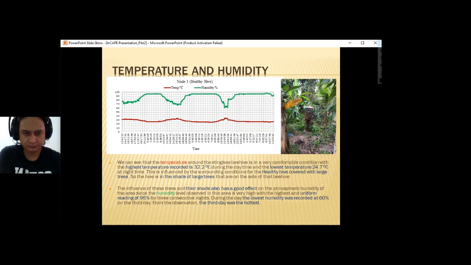What we can say here is the healthy hive is covered by the largest tree. We can see the picture over here: lots of trees surround this hive, so the hive is in the shade of the largest tree. The influence of this tree and the shade also has a good effect on the humidity.